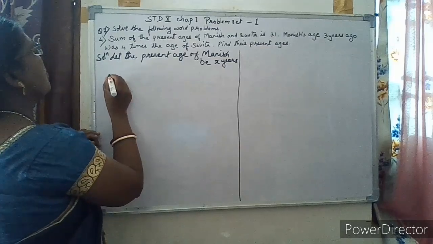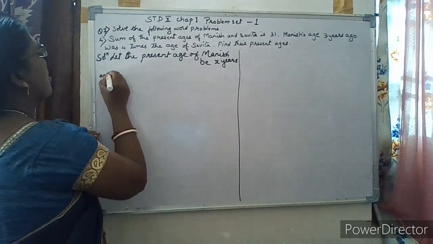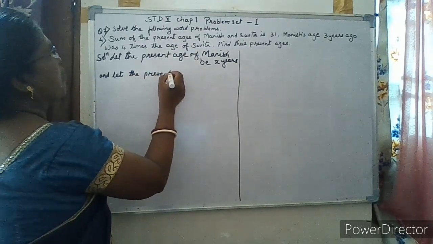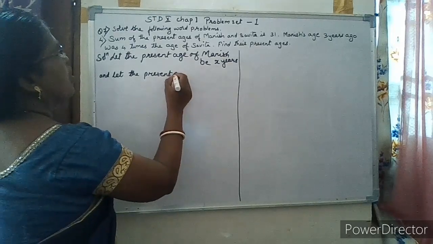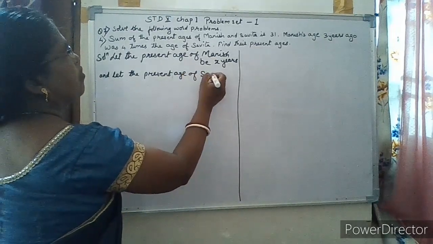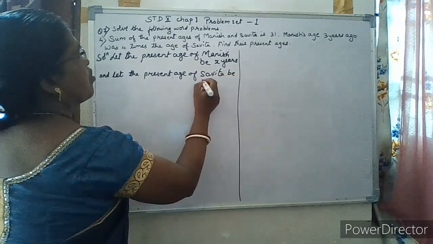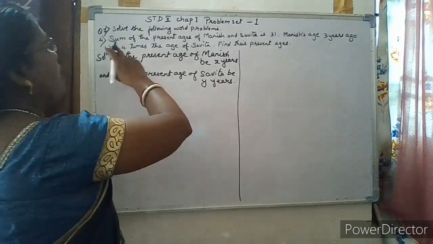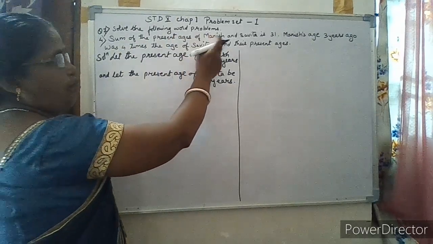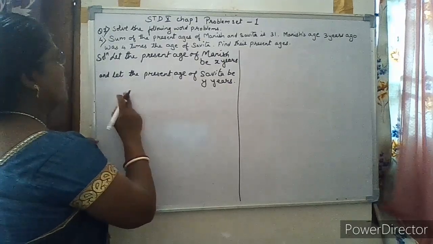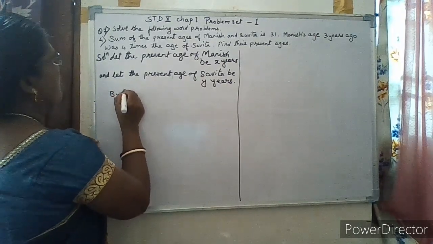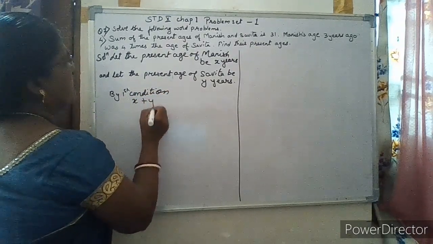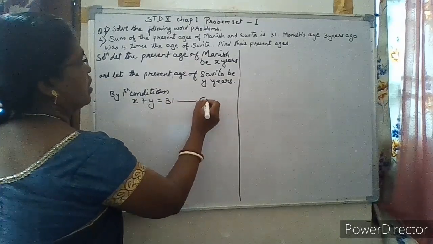In the same manner, let the present age of Savita be y years. So, by the first condition, it is given that the sum of the present ages of Manish and Savita is 31. So x plus y is equal to 31. Take it as equation 1.